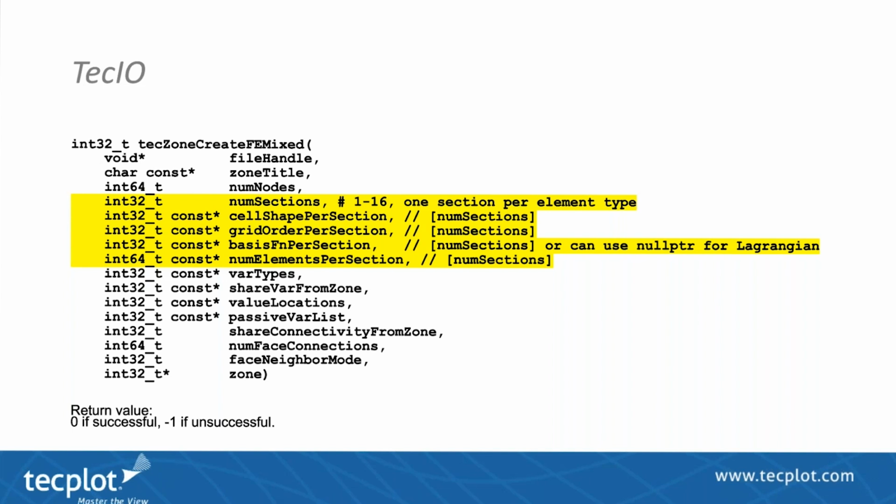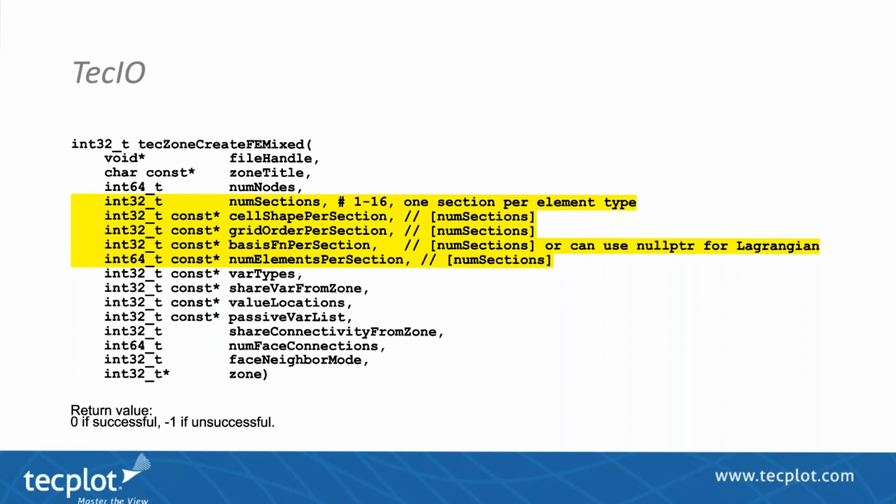However, we are working on implementing serendipity elements as well, which is where you take the full, let's say, 27 nodes for a second order brick element or hexahedral element, and you toss out all of the nodes that are in the middle of faces or in the cell center. We don't have serendipity elements yet, but like I say, we're working on it, so expect that in a future release. And the final new parameter is the number of elements.